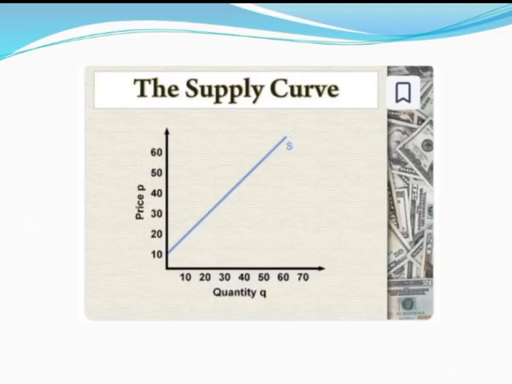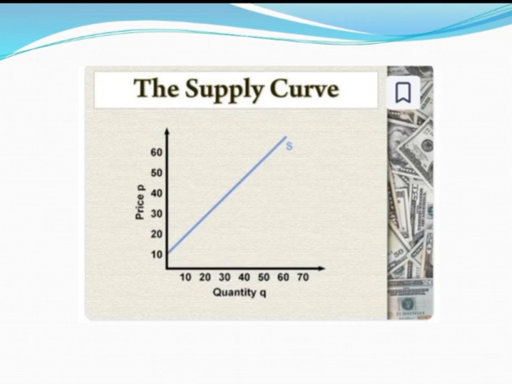See, this is the supply curve. On the x-axis, we see the quantity supplied in the market, and on the y-axis, we see the prices of the product. So basically the supply curve is upward from left to right, totally opposite to demand. Demand goes downward from left to right, but supply goes upward from left to right.